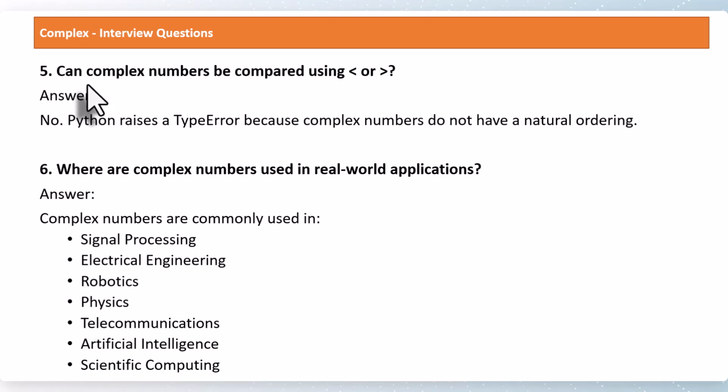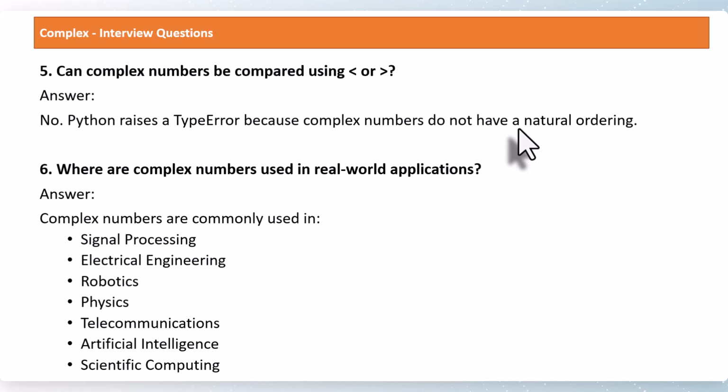Another question: can complex numbers be compared using less than or greater than symbols? No, Python will raise a type error because complex numbers do not have a natural ordering. There is no order, like we have 1, 2, 3, 4. This is an order, so you can compare those.